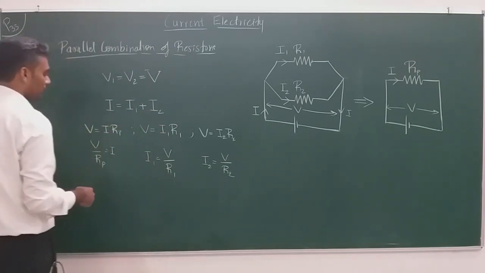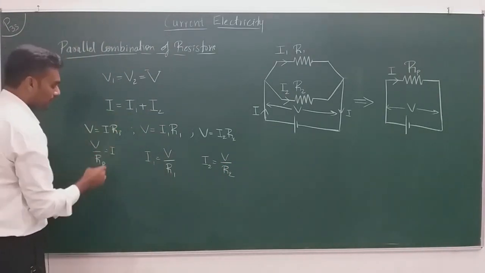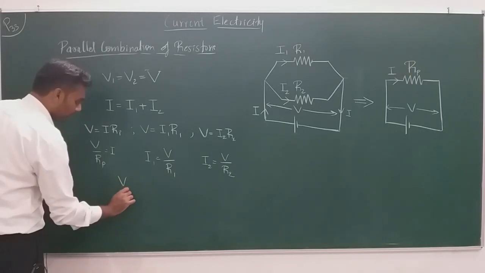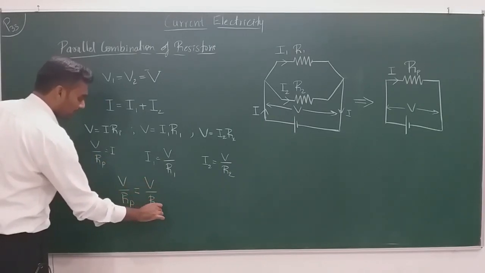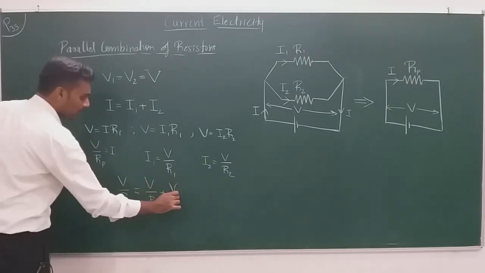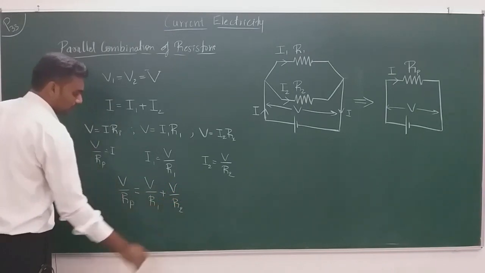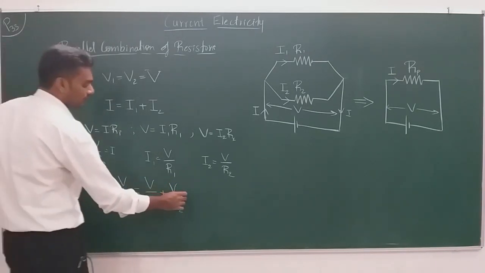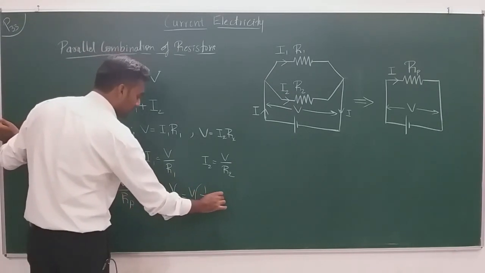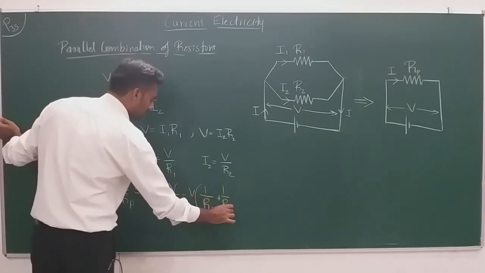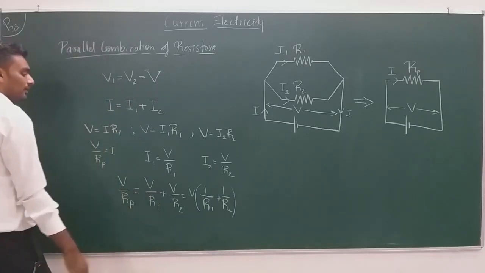Let me substitute these values of I, I1 and I2 into this equation, and hence I have V by Rp is equal to V by R1 plus V by R2, and hence I can take V as a common factor, and I will be remaining with 1 by R1 plus 1 by R2 inside the braces.